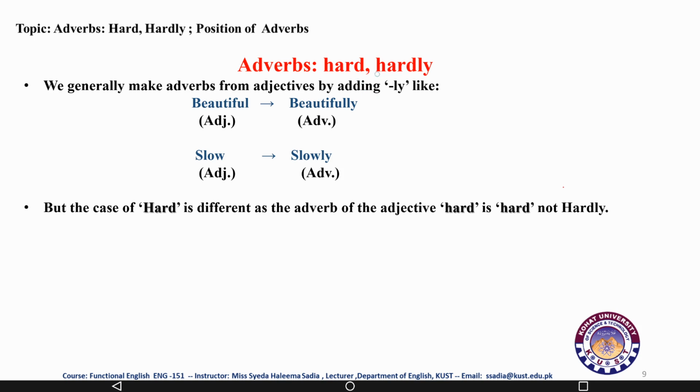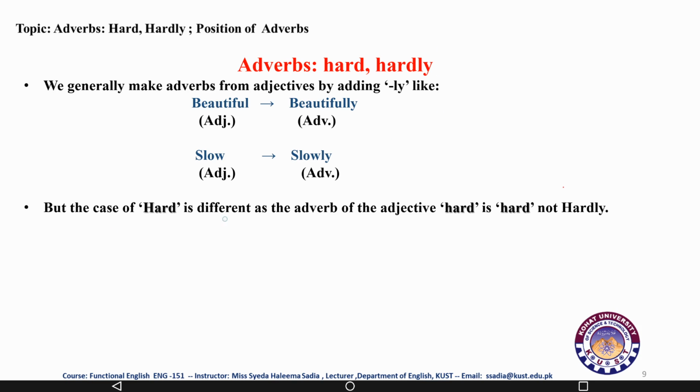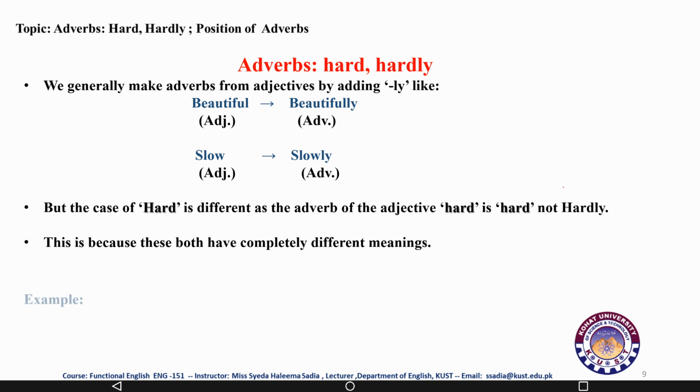But if we make the adverb of this hard, it's not hardly. Hardly is on its own another type of adverb. So the adverb of adjective hard is not hardly, it's actually hard. And this is because these both have completely different meanings, as I have explained to you guys.